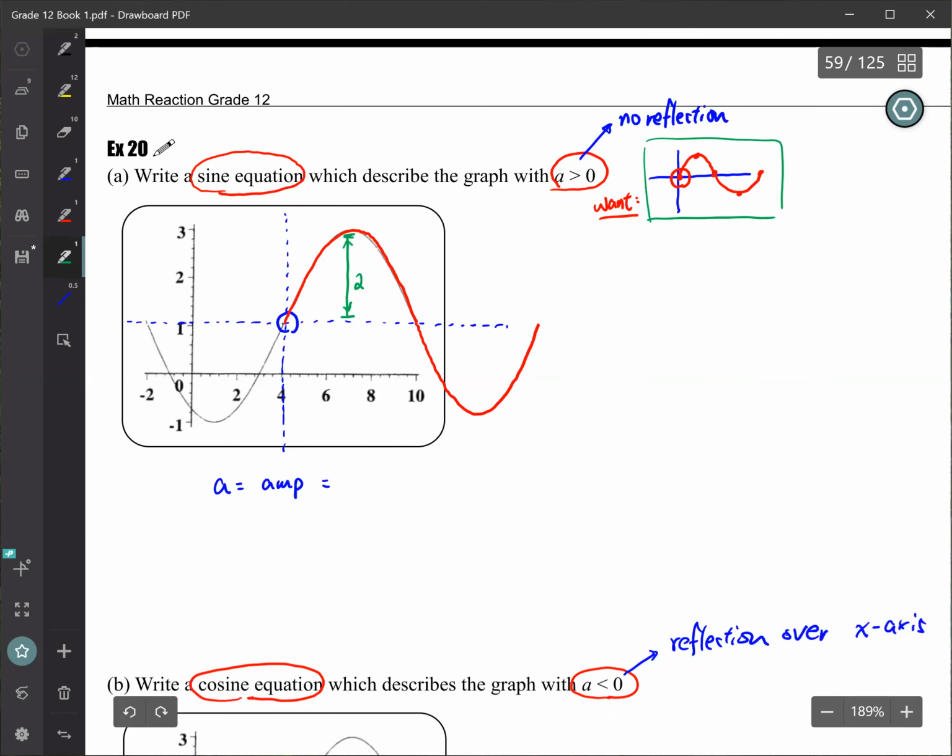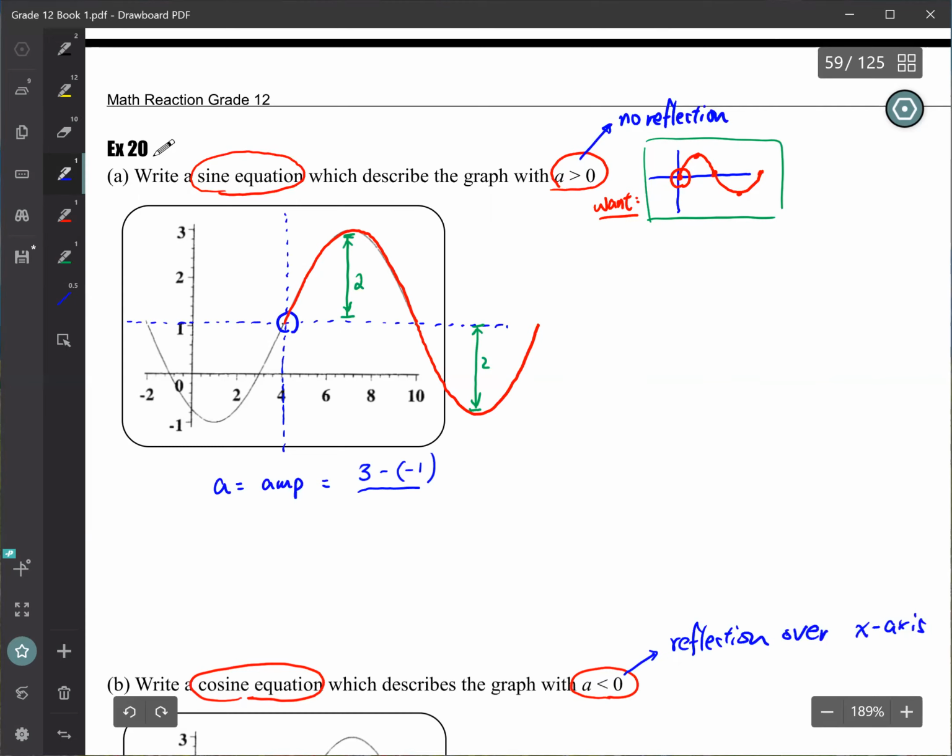Or you can count from here to the lowest, that would be 2. So that's one way to do it, right? You can do by counting, right? Or you can take the highest minus the lowest. That's gonna give you the distance, right?